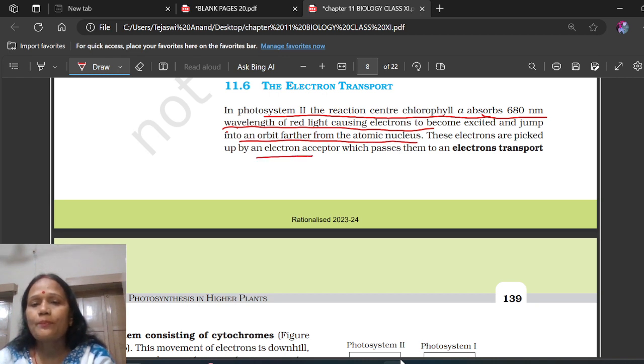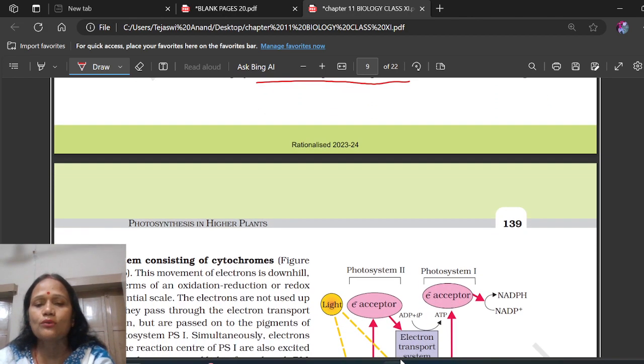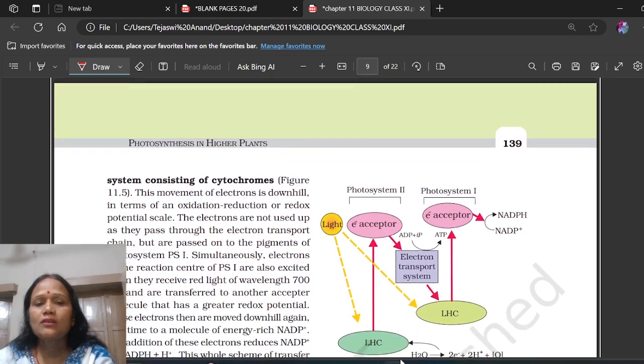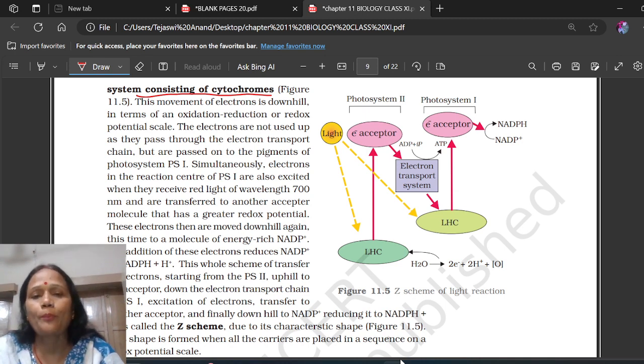These electrons are picked up by an electron acceptor which passes them to electron transport system consisting of cytochromes. How does it happen? Now this is the topic.